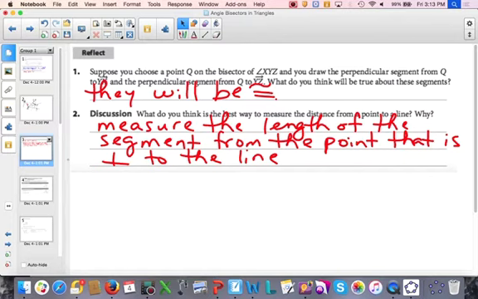And so since that perpendicular segment from the point on the angle bisector is the same distance to either side of the angle, what we've ended up saying is that any point on the angle bisector of an angle is equidistant to the sides of the angle.